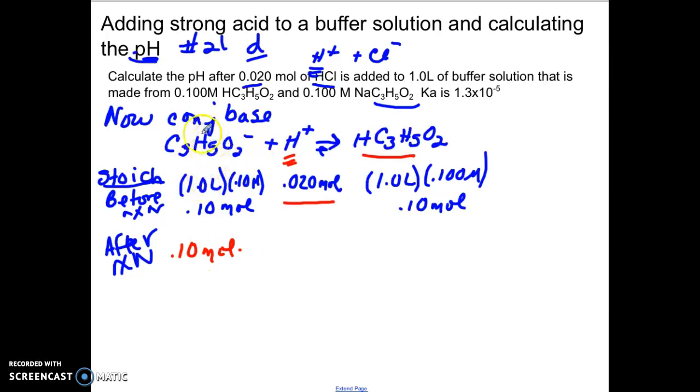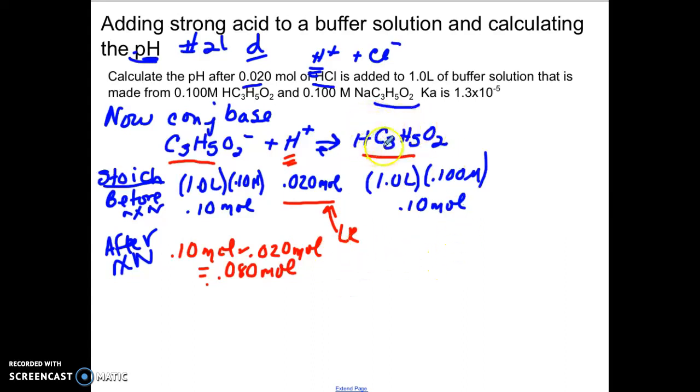To consider how much of this is going to be left, it would be 0.10 moles minus the 0.02 moles. Okay, and so that's going to give me a total of 0.080 moles. So that's how much of the C3H5O2 minus will be left. The H plus is going to have nothing left. It is the limiting reactant, so it's going to get all consumed.